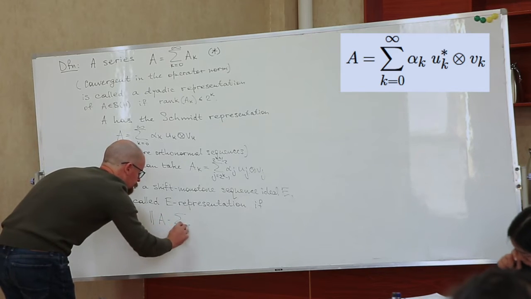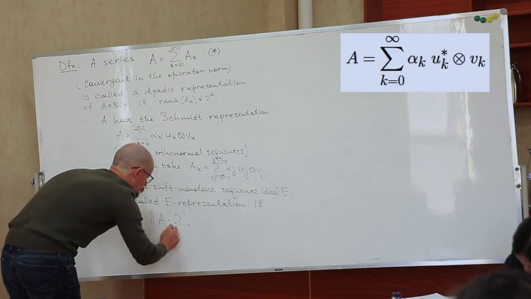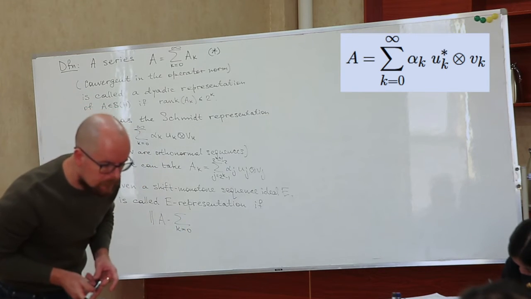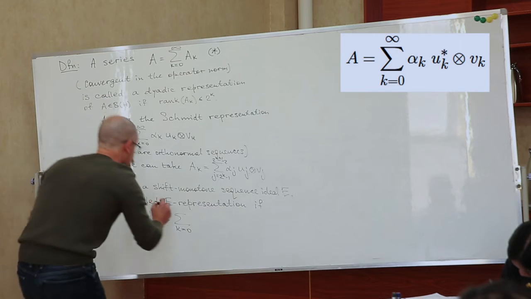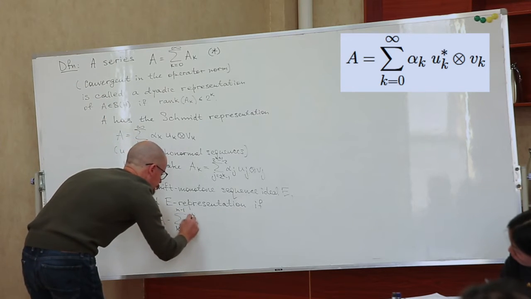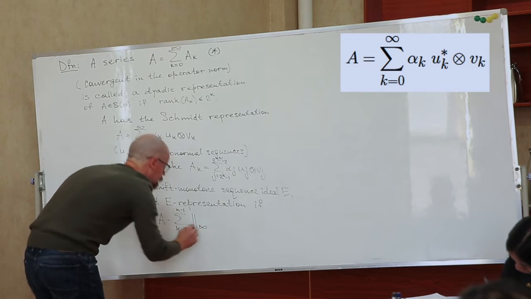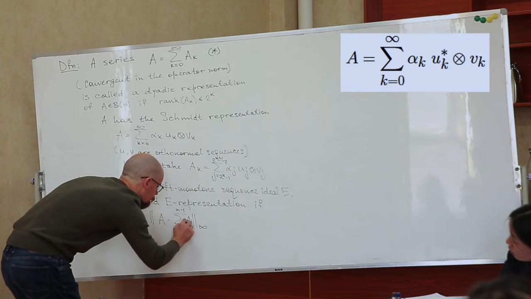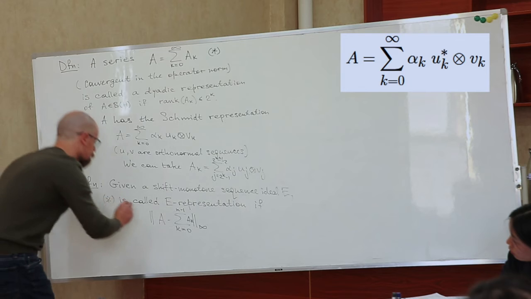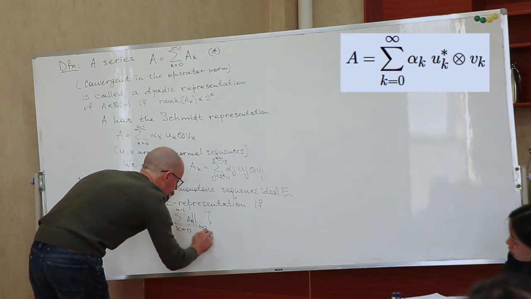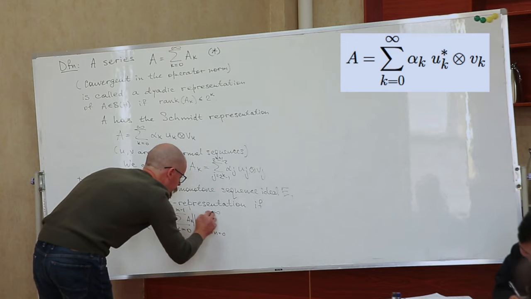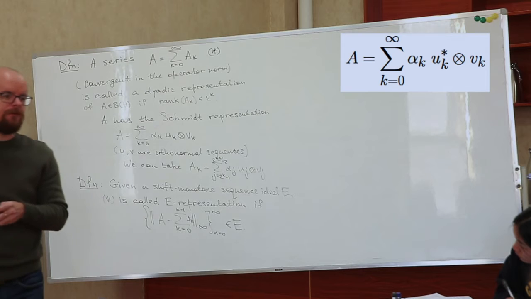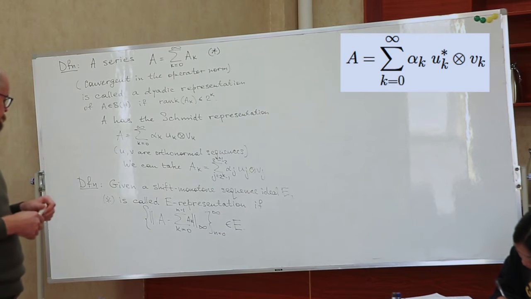So A minus the partial sums from 0 to n minus 1, in the operator norm, gives a sequence in n. If this sequence belongs to E, then we call it an E representation.